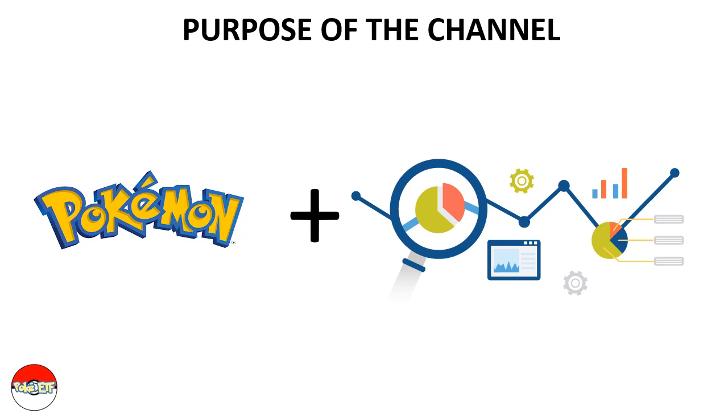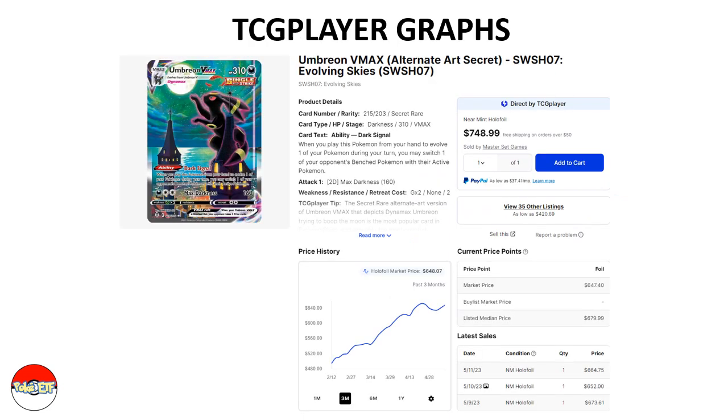I have seen others use data, but mostly using the TCG Player website and their pre-built graph, such as this, where for each card there's a graph where you can toggle 1 month trend, 3 months, 6 months, and 1 year.